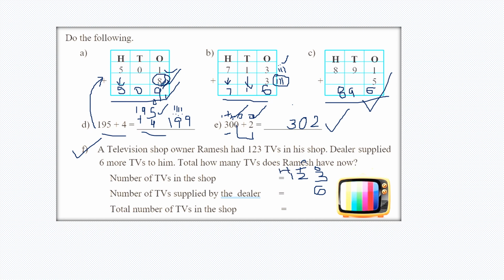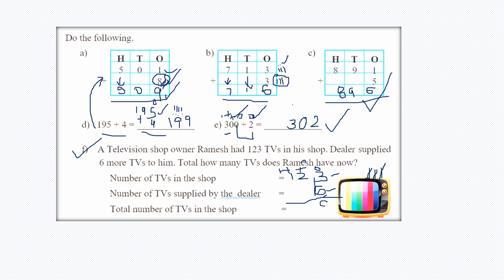Okay, so what is the total number of TVs in the shop? So this is ones and this is one. Just add the ones and the rest will be the same number. If there is a carry, then you have to add it, right? So now keep 6 in the mind and show me 3 fingers. After 6 it is 7, 8 and 9.